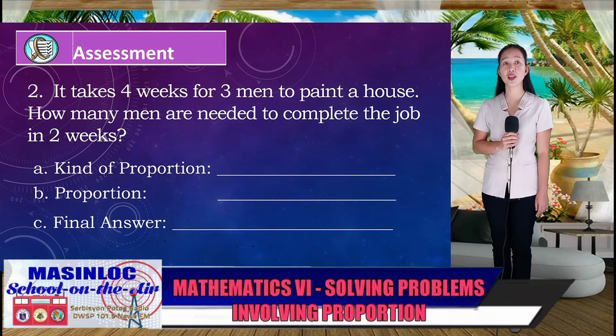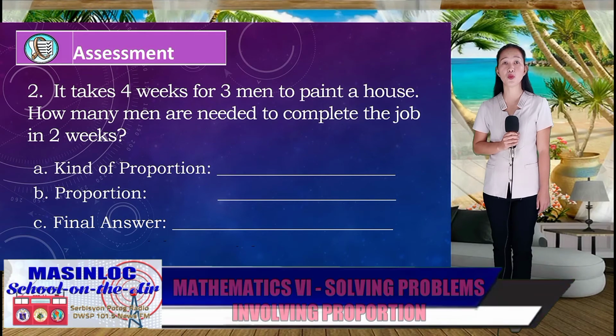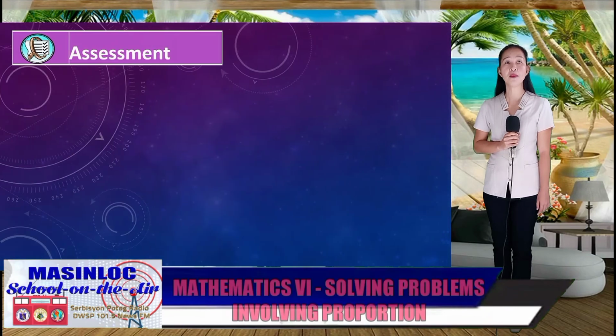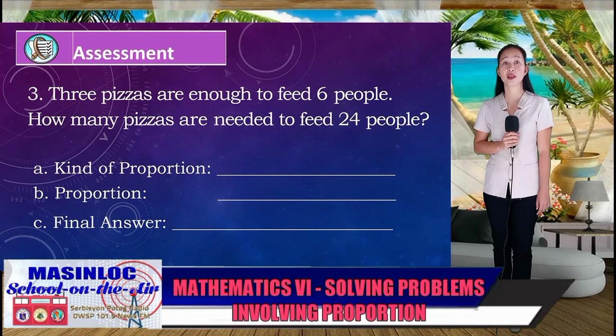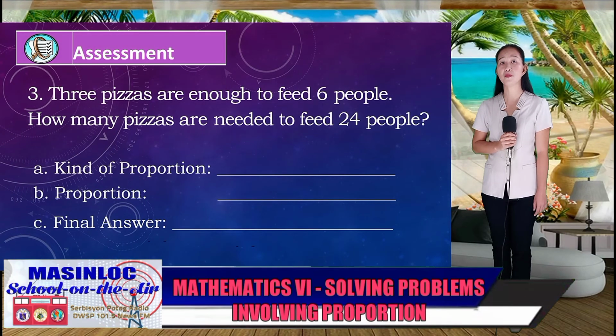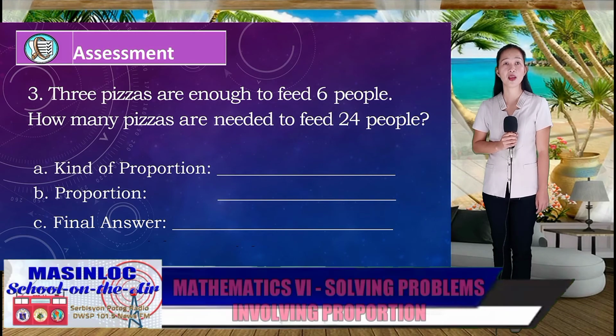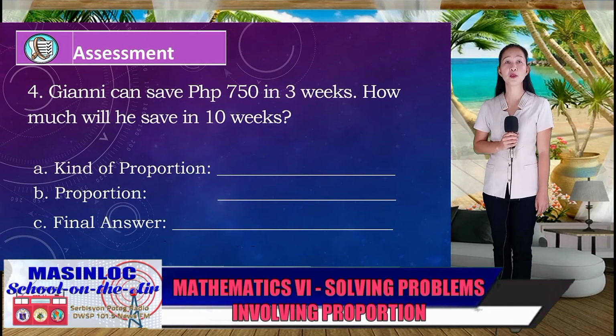How many men are needed to complete the job in 2 weeks? Number 3. 3 pizzas are enough to feed 6 people. How many pizzas are needed to feed 24 people? Number 4. Gianni can save 750 pesos in 3 weeks. How much will he save in 10 weeks?